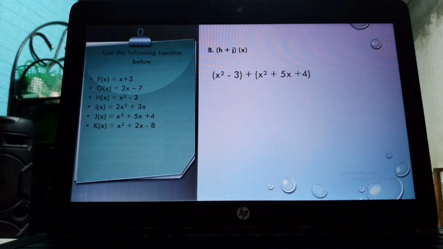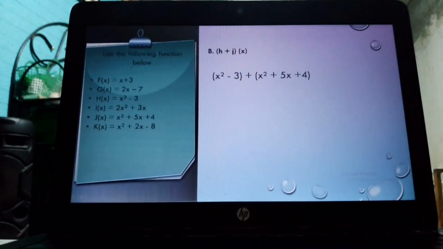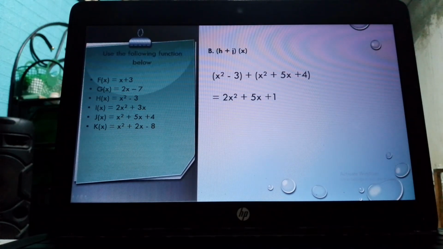Okay, very good. Then we just copy the positive 5x, and negative 3 plus positive 4 is equal to 1. Very good. So that is the function of h plus g of x.